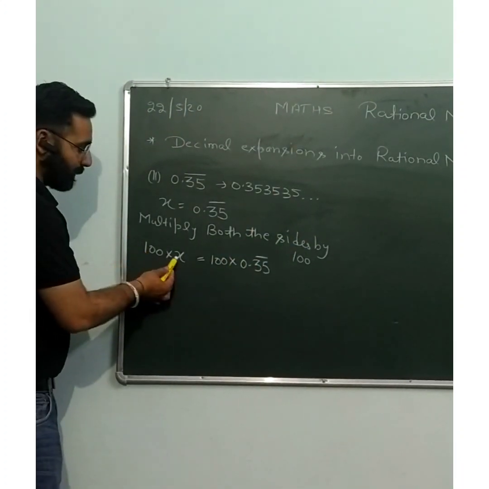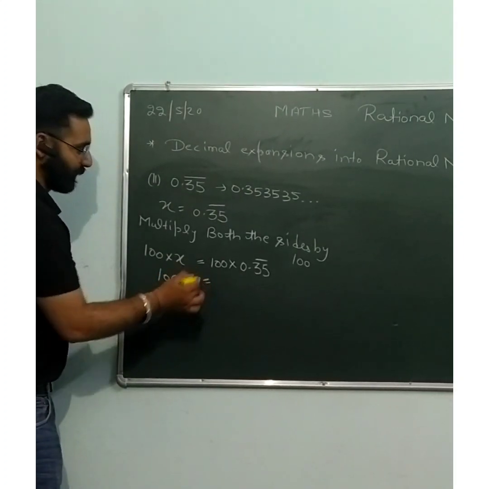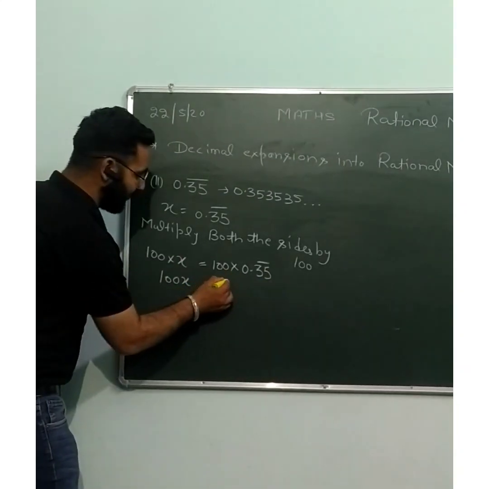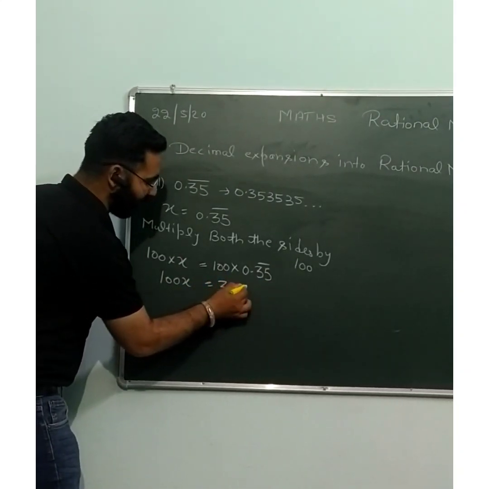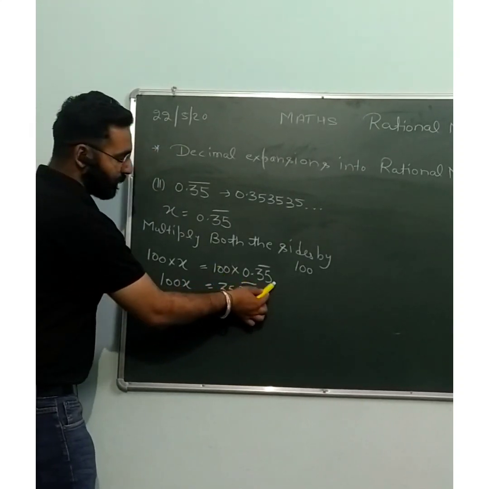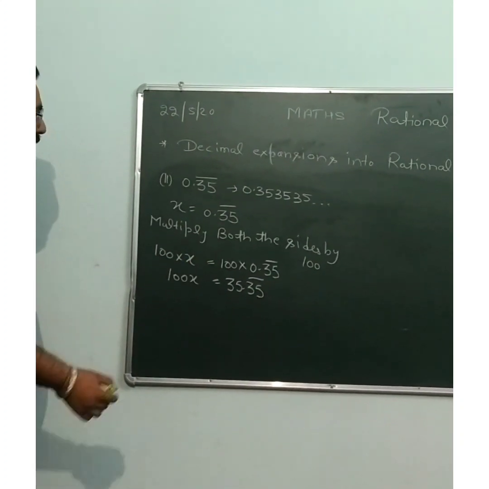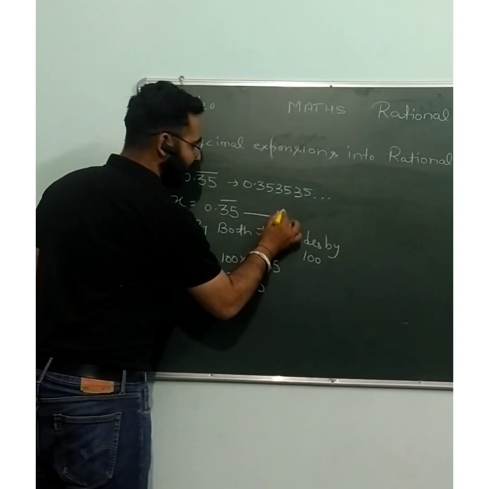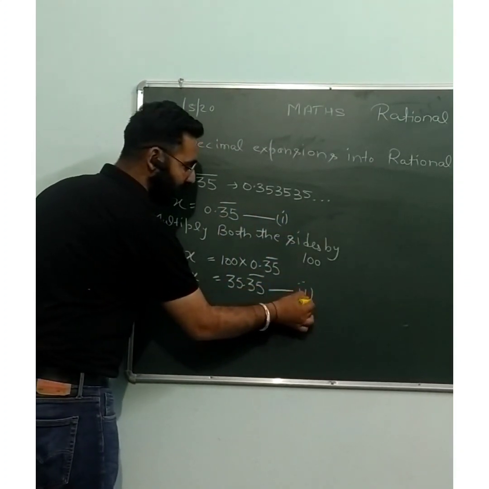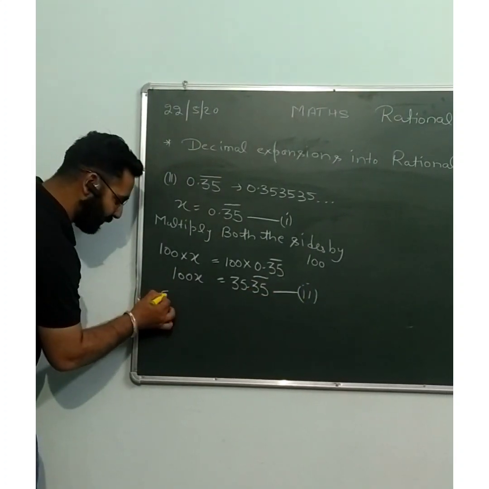Now 100 multiplied by x will become 100x. And when you multiply 100 with 0.35 bar, it will become 35.35 bar, because the decimal will shift two places to the right as we are multiplying by 100. So this is your first equation, and this one is the second equation. In the same way, what do we have to do now? Subtraction.